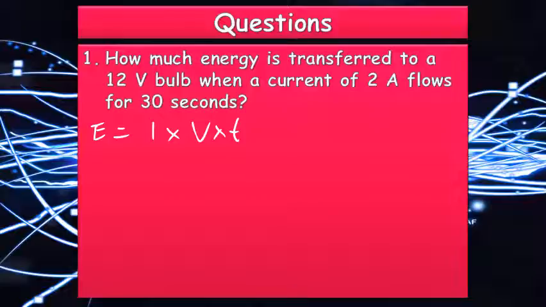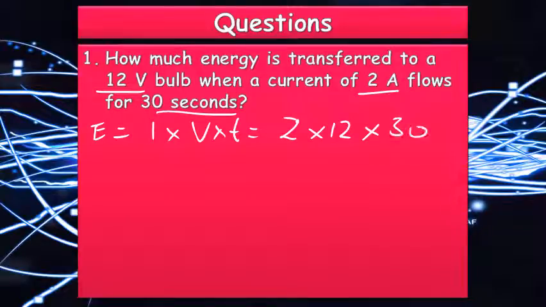So we quickly plug in the numbers. We have a current of 2, a voltage of 12, and a time of 30 seconds, which gives an overall answer of 720 joules.